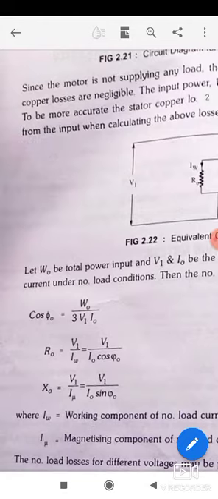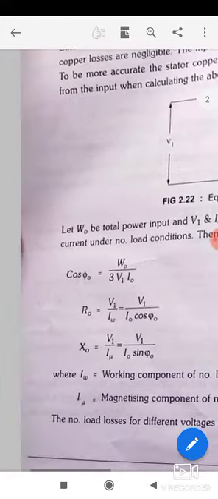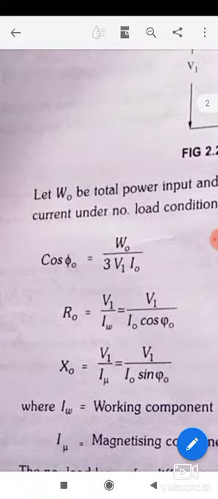You know the wattmeter reading. So cos phi naught is equal to W naught by 3 V1 I naught, because it is three phase, so we have to use 3. Also R naught is V1 by IW, where IW is I naught cos phi naught, and X naught is V1 by I mu, where I mu is I naught sin phi naught.